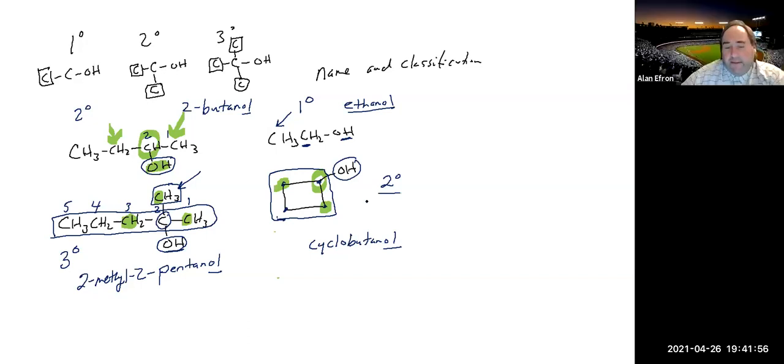Yeah, so the reason we give the location, for example, of the OH group or double bond or triple bond or any of those things is we really give the location when there's options for it to be in more than one place. So if we look at ethanol, for example, like it is here, the OH group is on, say, the carbon on the right.